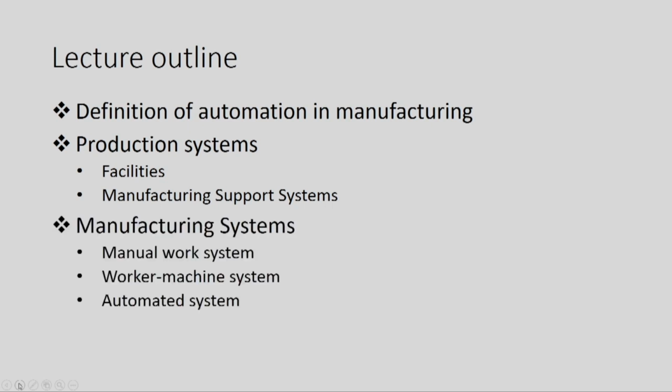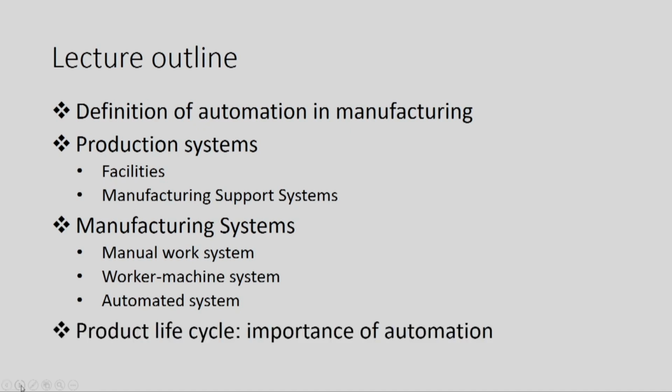Then we will look at various manufacturing systems which are used in present day manufacturing system. These are manual work system, worker machine system and third one is automated system. So, this differentiation will help us to know how the automated systems are essential and how they are important in comparison with manual work system and worker machine system.